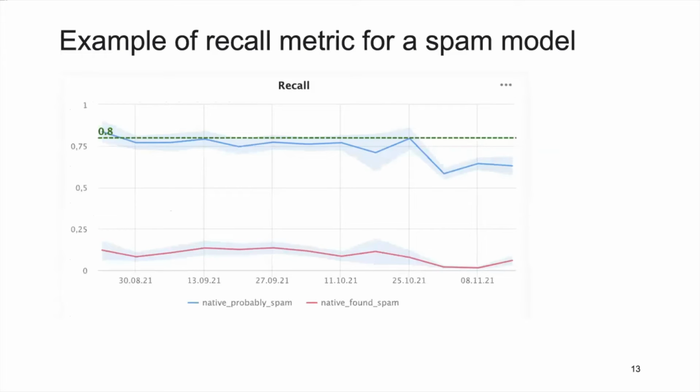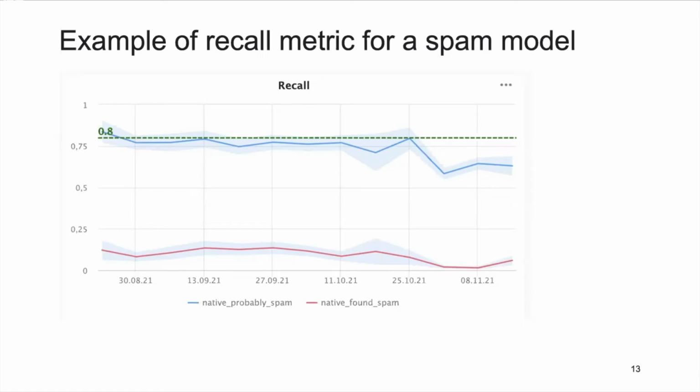Here's a typical example of how recall metrics look, especially for spam models. We found that if you don't update classifiers, spam changes rapidly because bad actors are motivated to get some shows and to cheat the algorithm.